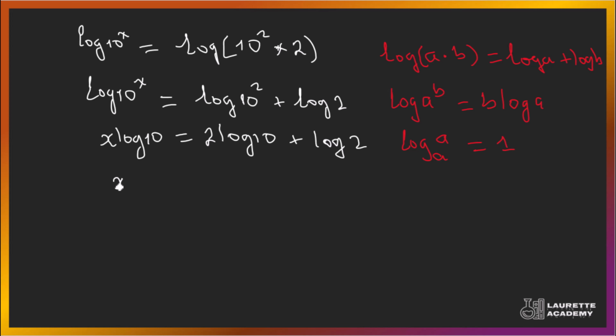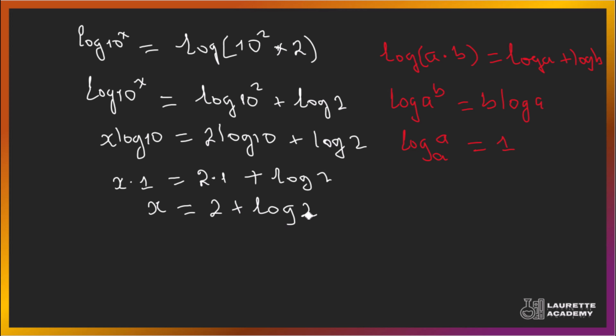So we have that x times 1 equals 2 times log 10 base 10 is 1. So 2 times 1 plus log 2. And so we have that x times 1 is x. So x is equal to 2 times 1 is 2 plus log 2.